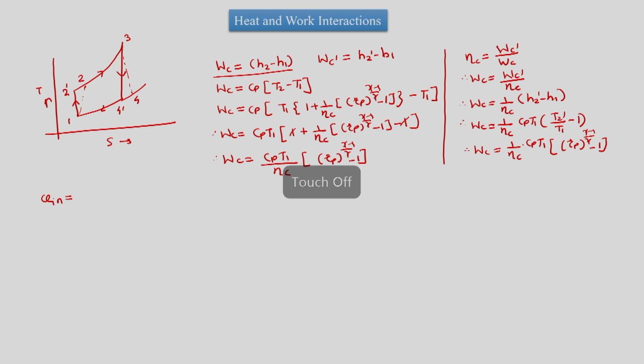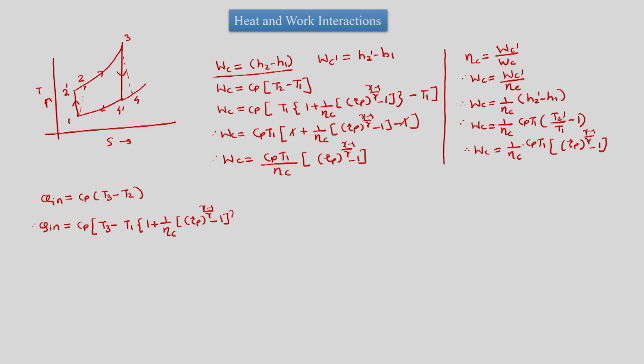As said earlier, if Q in is not known to us, we can find out Q in as Cp into T3 minus T2, where T3 is as it is, and we know T2 is equal to T1 into 1 plus 1 upon compressor efficiency into bracket Rp raised to gamma minus 1 upon gamma minus 1, and all the brackets complete.